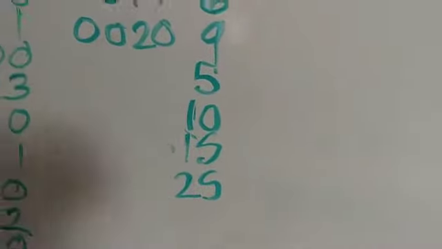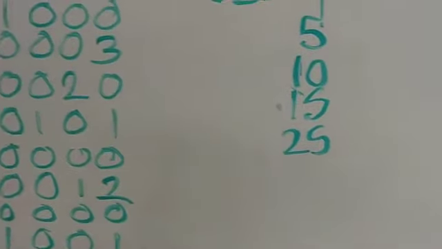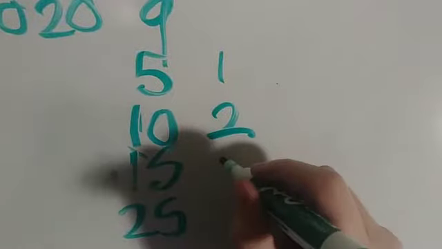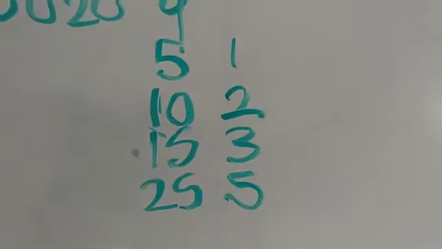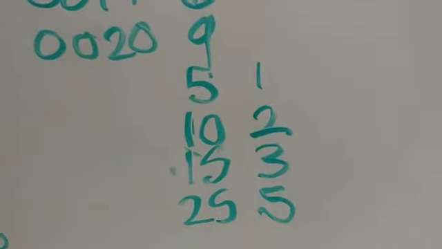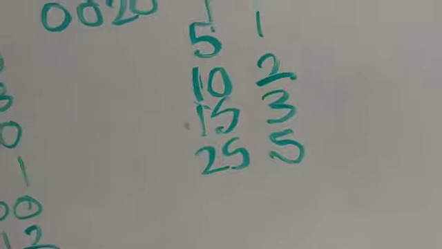Why not 5, 10, 15, 20? The answer to that is, look at it this way. 5, we'll start with 1. Go by the smaller primes. 5 times 2 is 10, 5 times 3 is 15, 5 times 5 is 25.